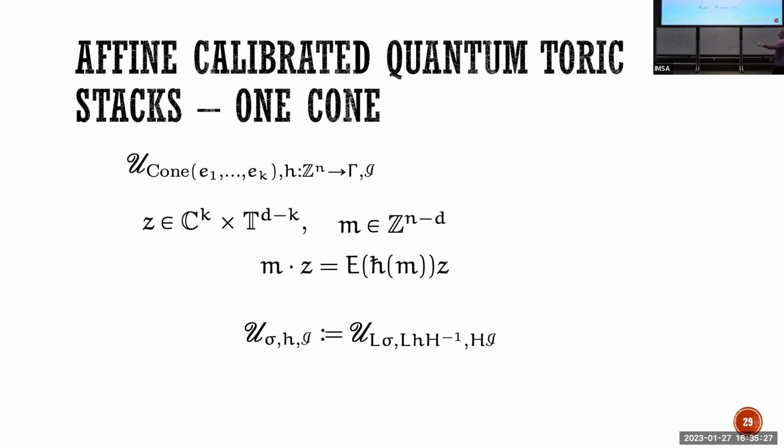First you straighten the cone, and then you bring back the shape of the cone. And this U is a quantum toric stack that has as a dense subset a quantum torus stack. It's not a variety, but you can think of it as the basic quantum toric variety or quantum toric stack associated to the cone.